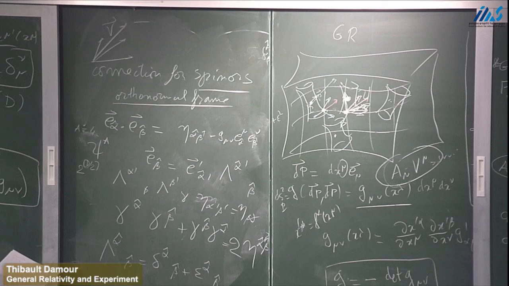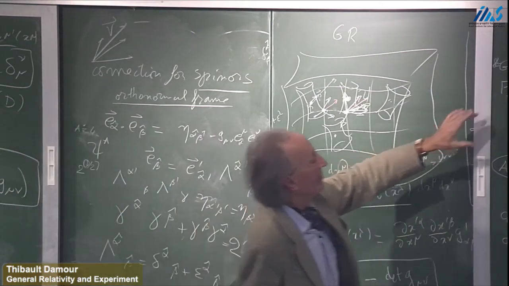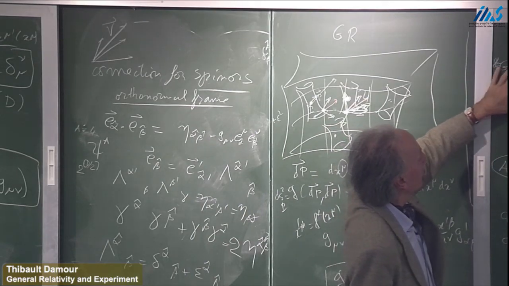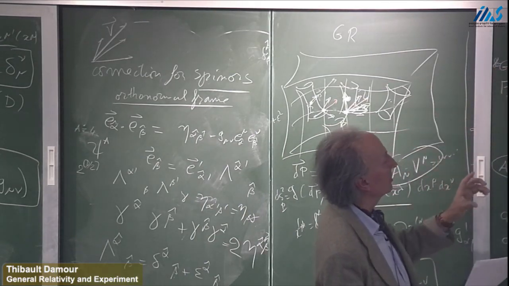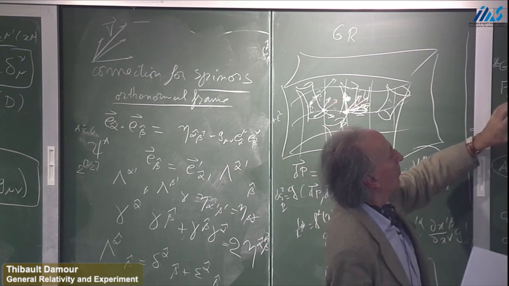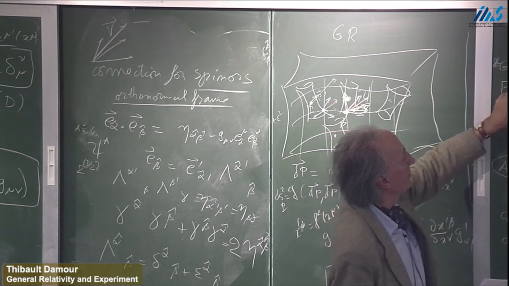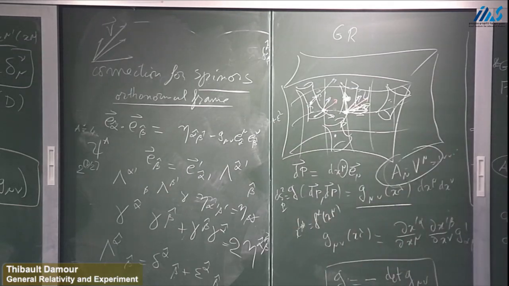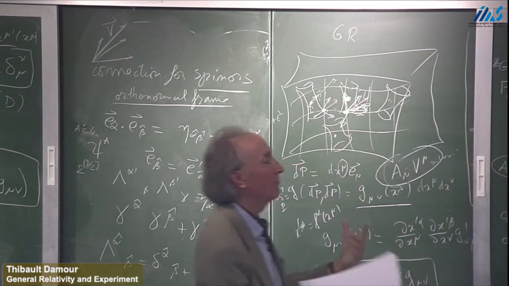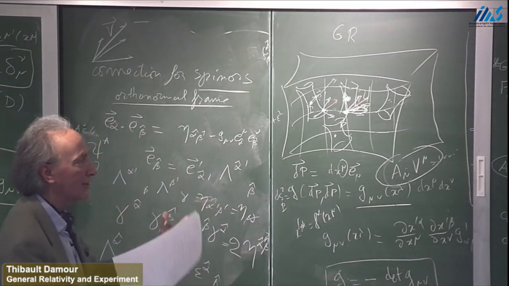I want to know what is the rotation in the spinor space, because remember that all this issue is to think that at each point of space-time I have an object which lives in a certain vector space, and then I want to know what is the action of my infinitesimal group element on this, because this term of the connection is an infinitesimal rotation of my object in its own vector space.